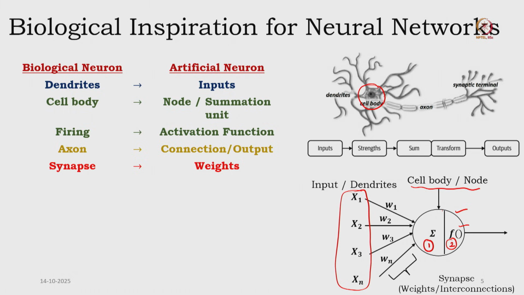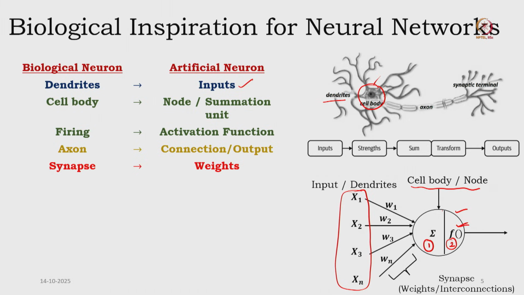So, here we have dendrites. Dendrites are equivalent to an input. Then we have a cell body. This cell body we call a node, which is mainly responsible for performing two operations. One is integration. It has to take all of the inputs and combine them, and when the signal is strong enough, it fires.